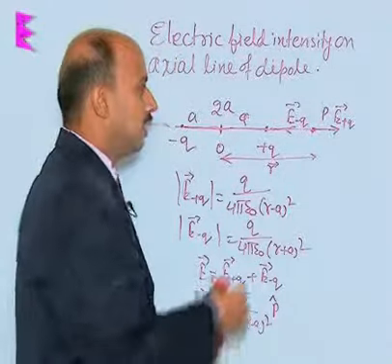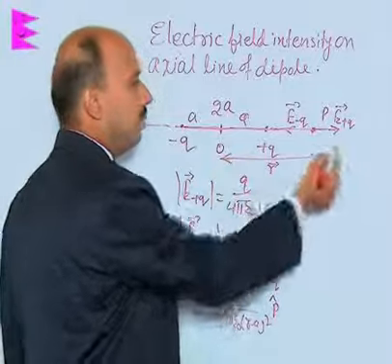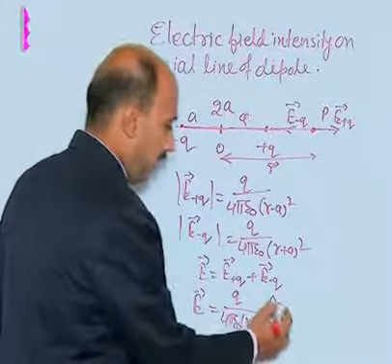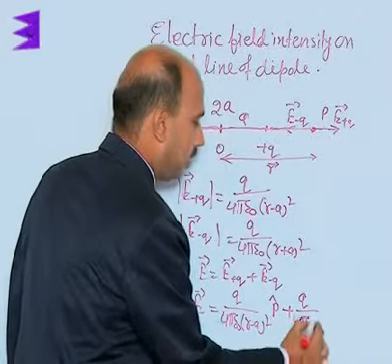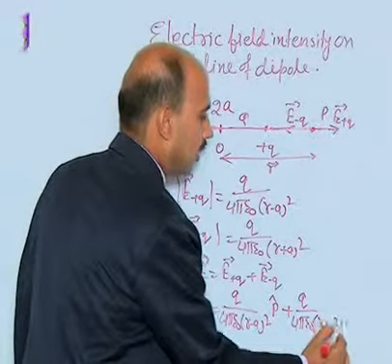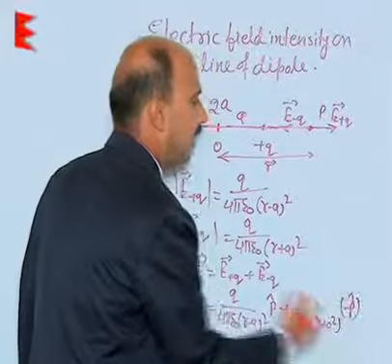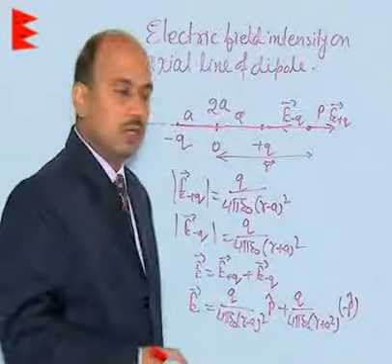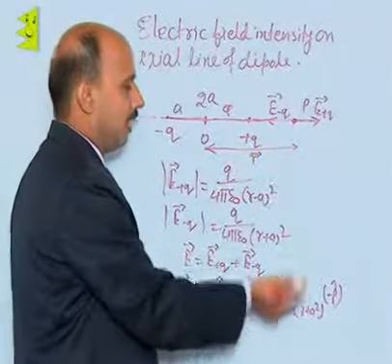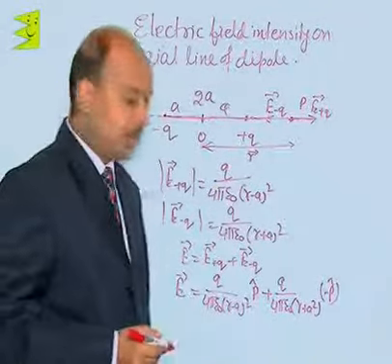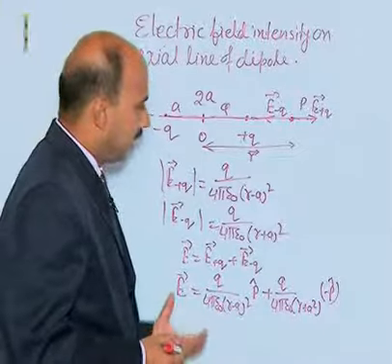We take a unit vector whose direction is from negative to positive. So P cap, plus Q upon 4 pi epsilon naught R plus A square, that is here minus P cap, that is, positive to negative. Negative to positive we have taken as P cap, so obviously to this side we have taken here minus P cap. So now we can solve and get the net electric field.